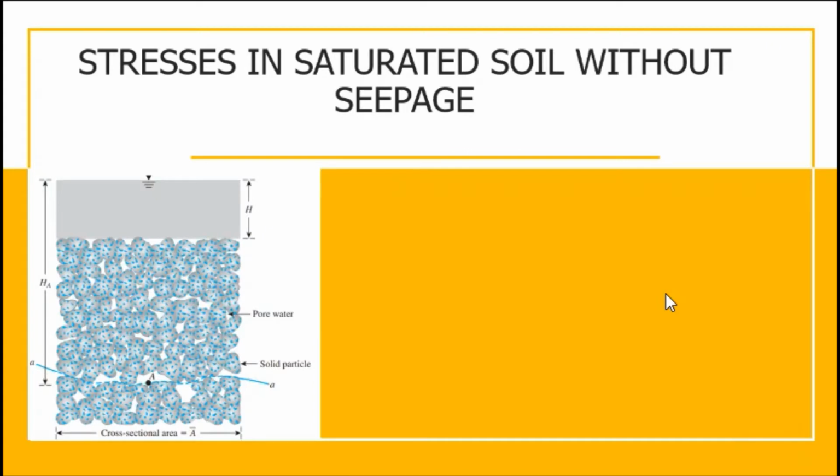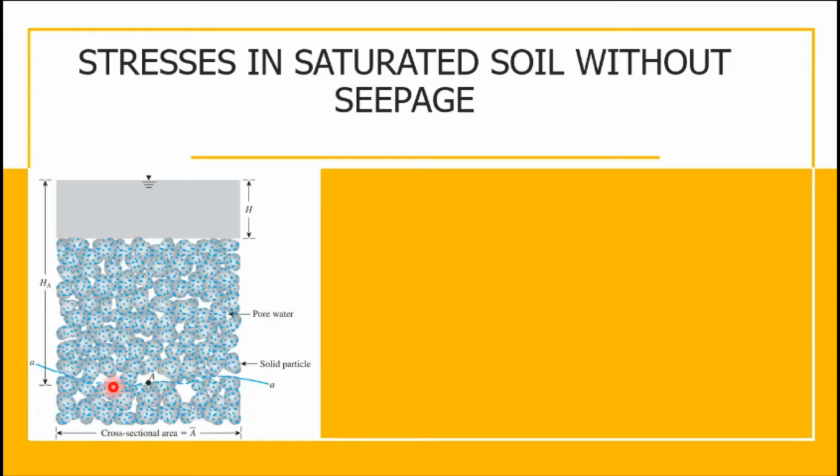In order for us to understand more about stresses, this is a figure of soil with water. If you can see, this is soil submerged in water, or this could be soil in rivers or streams.